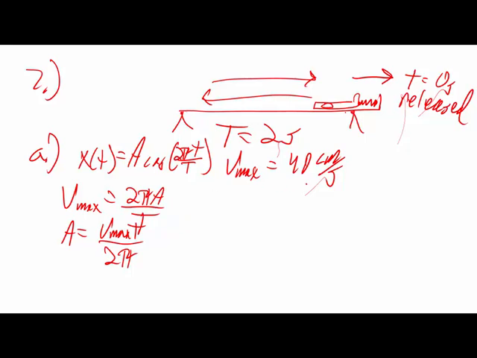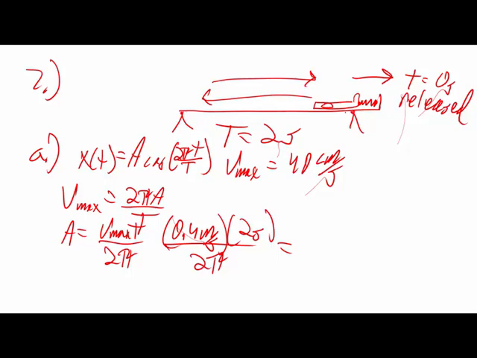The velocity max was 40 centimeters per second. Now we have to convert that to meters per second, so move the decimal 2 places to the left. It'll be 0.4 meters per second times the period, which was 2 seconds, divided by 2 pi. And so what do we get?